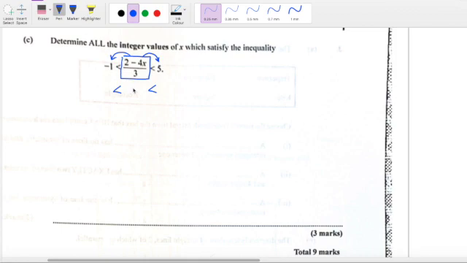So it means that this thing, let's call it T for thing, is less than 5, but it's greater than -1. So on the number line, -1, 5, this thing is lying between that, right? Whatever this thing. And that thing depends on what x is, right?